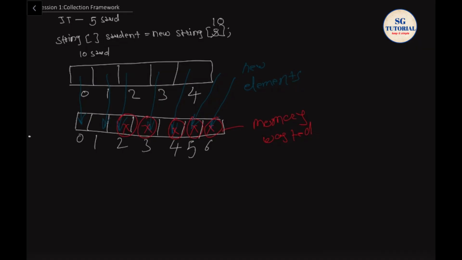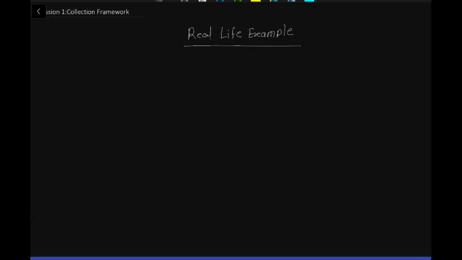So how can we solve this problem? And this is where collection comes into the picture. Okay, clear? So let's understand what a collection is with a real life example. So think about a shopping basket, or we can say shopping cart. When you go shopping, you don't decide before entering the shop that I will buy only 5 items or I will buy only 2 items.